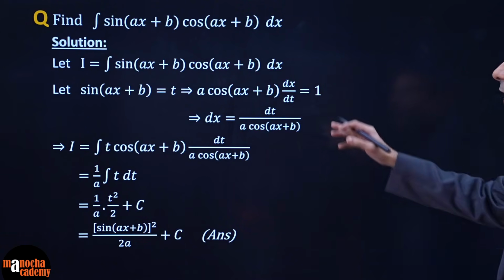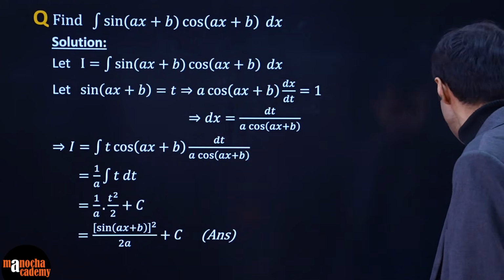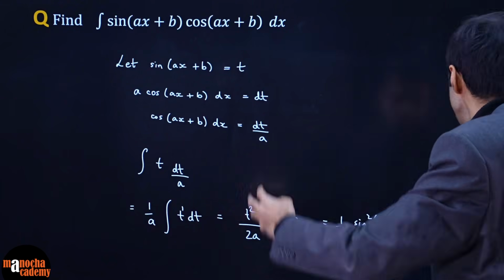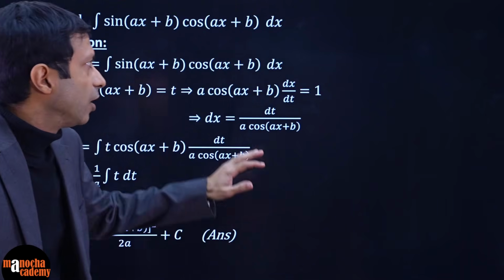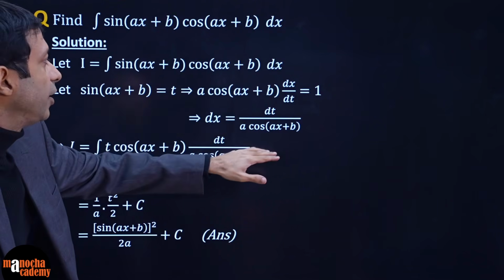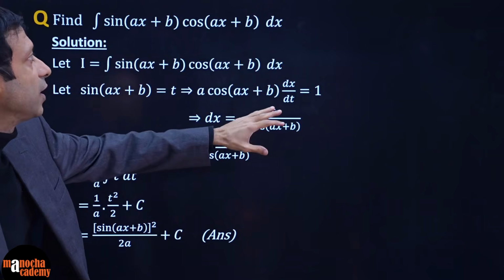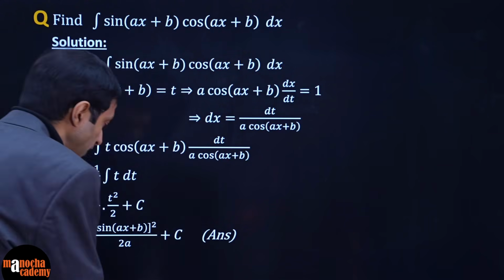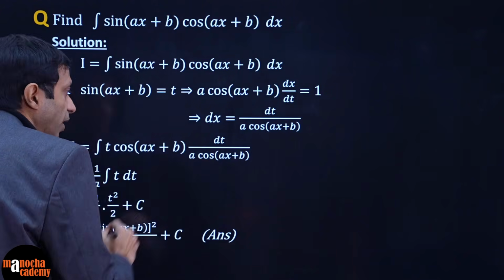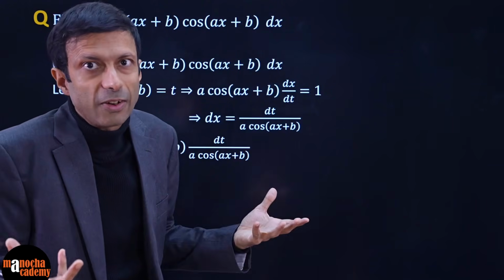That's it. But if you don't like this shortcut method of differentiating, if this is a little confusing, then you can do the standard way: differentiate with respect to t, and you will get dx by dt. Then you take dx on one side, dt on the other, and substitute it. See, these terms will cancel. What is the goal? You should understand what you are doing.